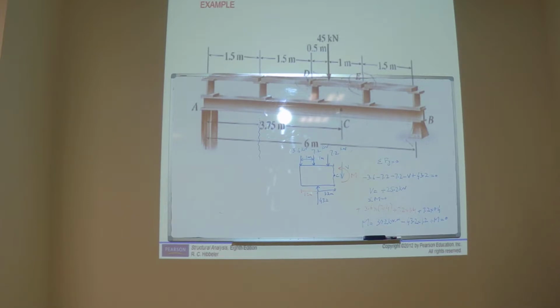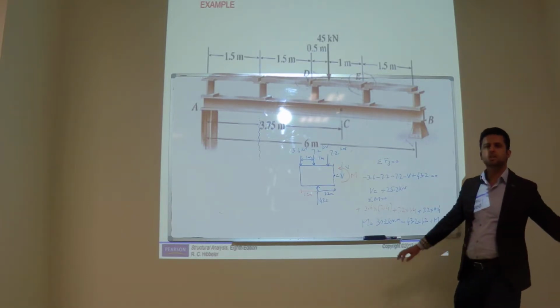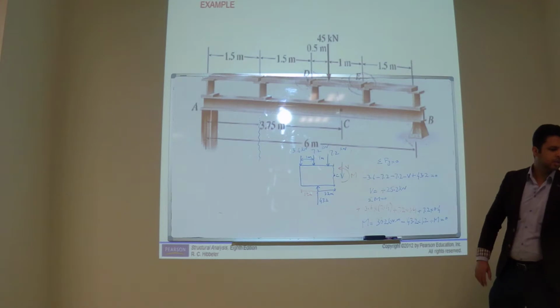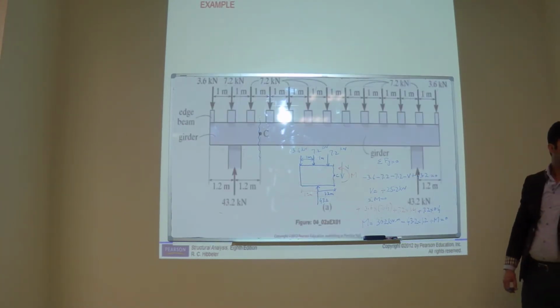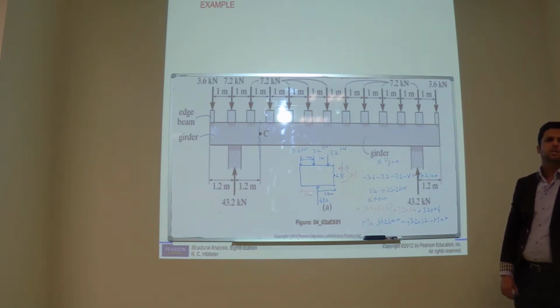Okay, this is the next example. From the beginning, how does it come to 7.2 at each point?